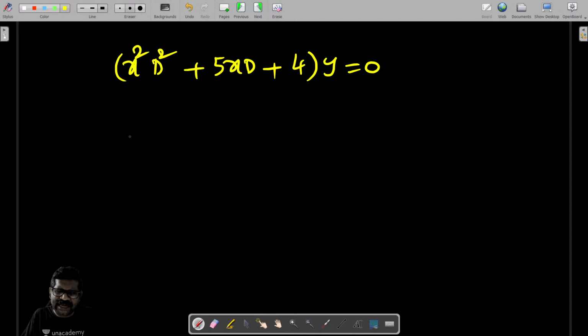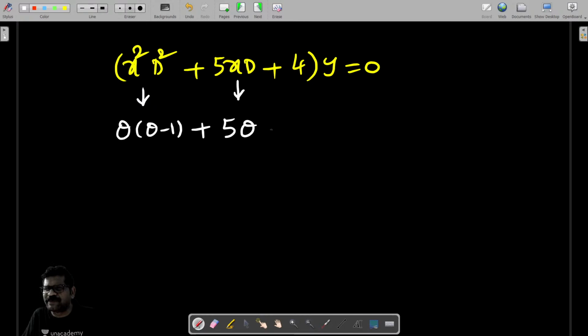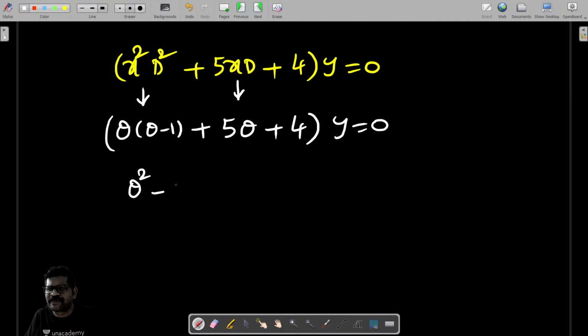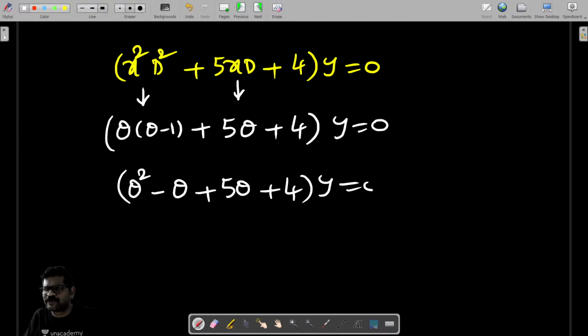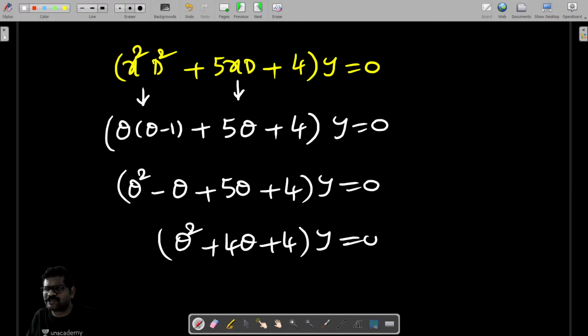Now x square d square means theta into theta minus 1, because it is in Cauchy-Euler form. 5xd means 5 theta, plus 4 of y equal to 0. Theta square minus theta minus 5 theta plus 4 of y equal to 0, that is theta square plus 4 theta plus 4 of y equal to 0.